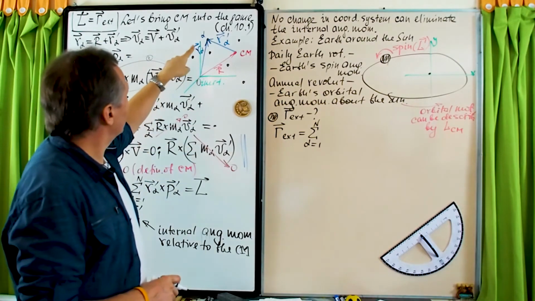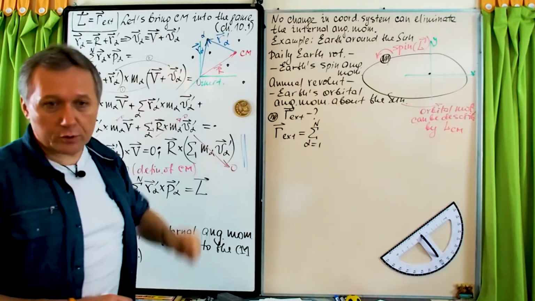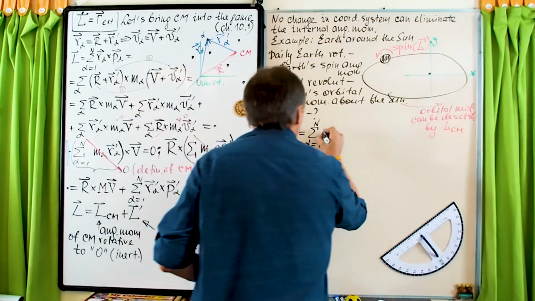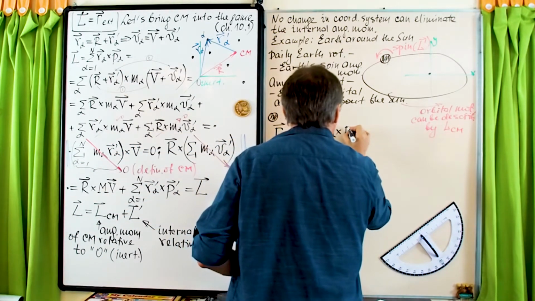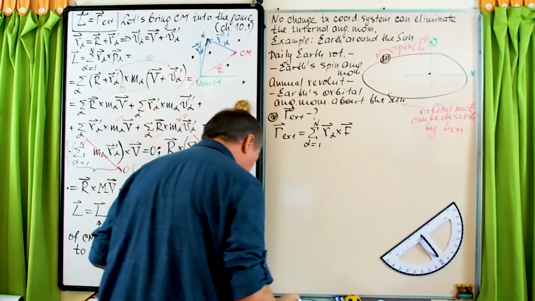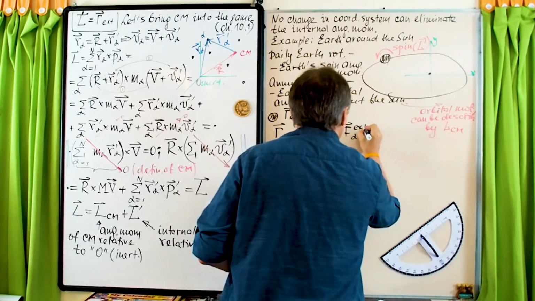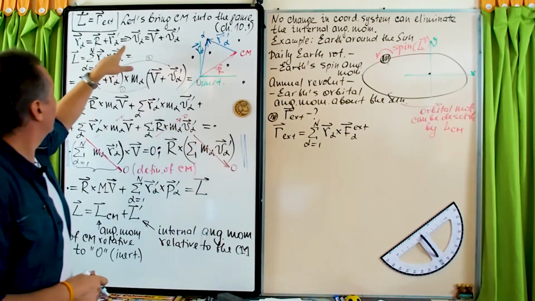So it must be R alpha crossed with the external force acting on each particular particle, right? So R alpha crossed with F. I think I used a superscript. Let me check just quickly. Yeah, alpha external.